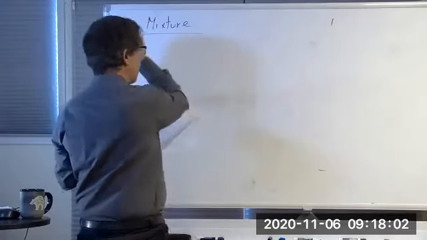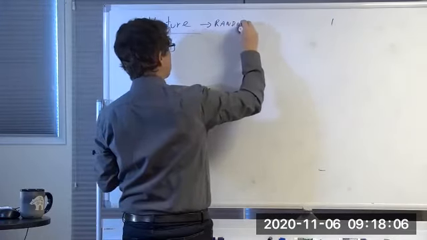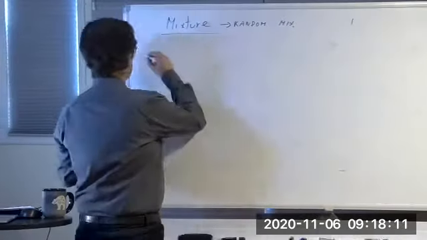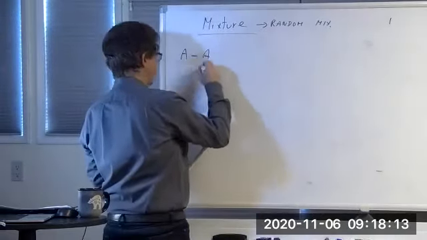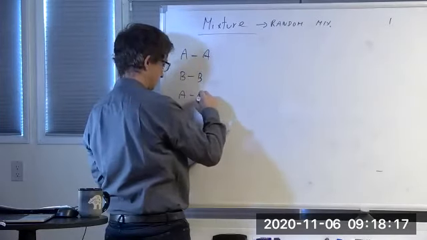I'm going to assume the mixture has random mixing, so no energetic preference. So what I need to know is the number of AA bonds, the number of BB bonds, and the number of AB bonds, okay?